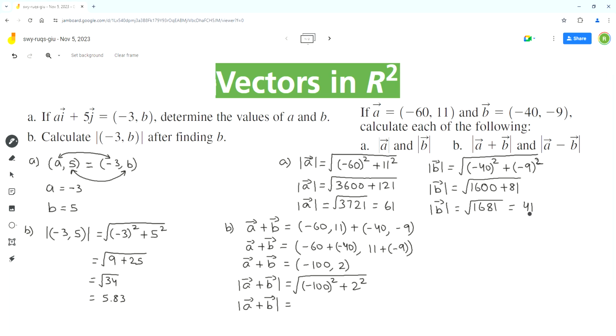So negative 100 squared is 10,000, and 2 squared is 4, so the square root of 10,004 is 100.02.